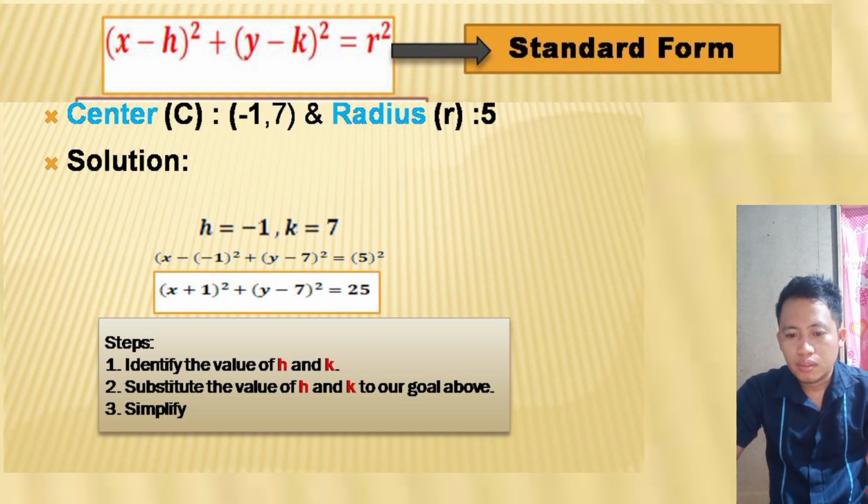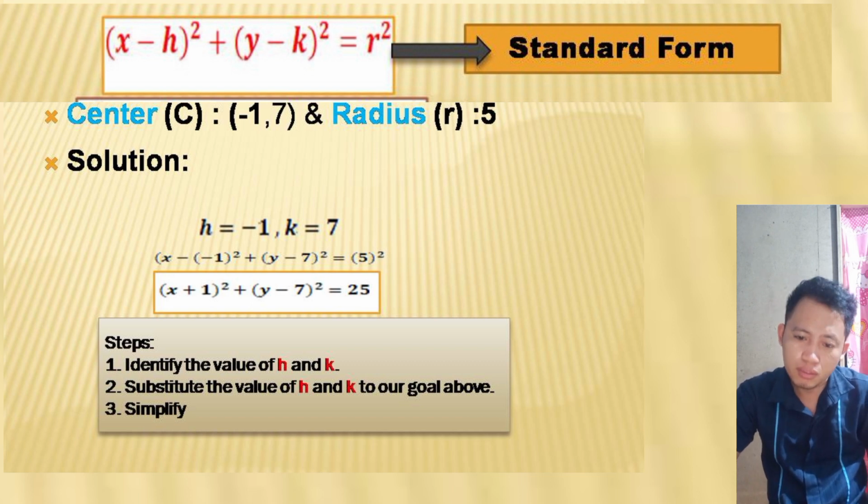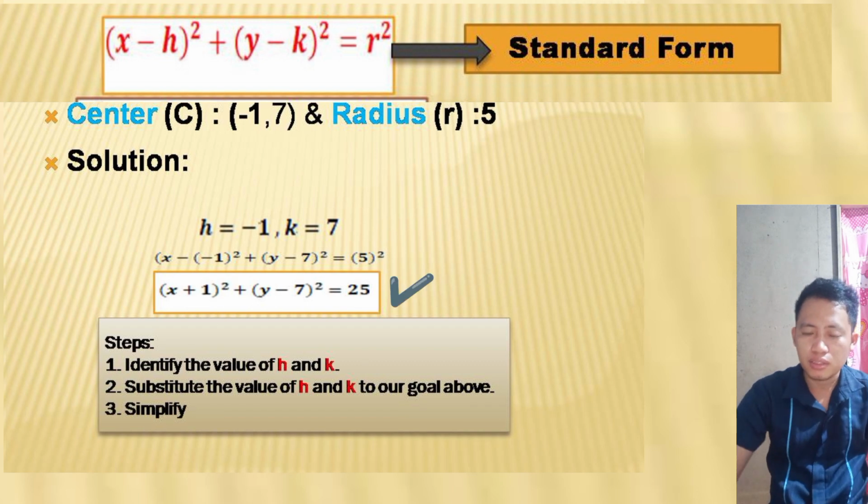We have x minus, substituting the value of h, -1, squared, plus y minus, substituting the value 7, y minus 7 squared equals the value of the radius, 5, squared. So this is now our final answer.